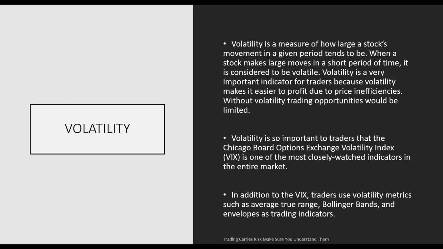And then another important group of indicators are volatility indicators. It's so important. The Chicago Board Options Exchange developed the VIX indicator. We know it around the world as the fear indicator. It tells us how much volatility is in the markets at the moment.